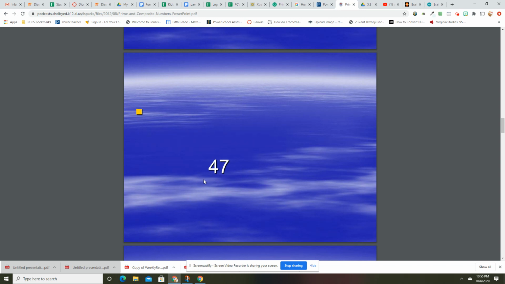Well, you could divide 47 by 3, 5, 7, or 9, and if it goes into it without a remainder, then you know that's going to be its factor, and then it would be composite.